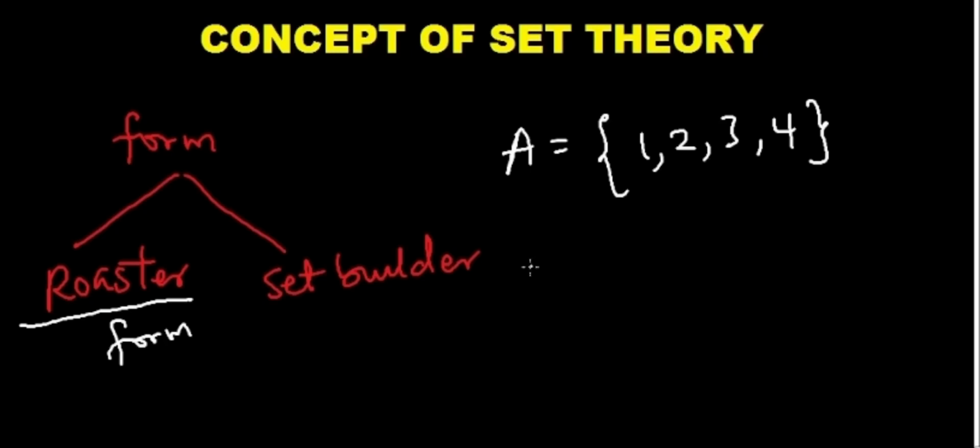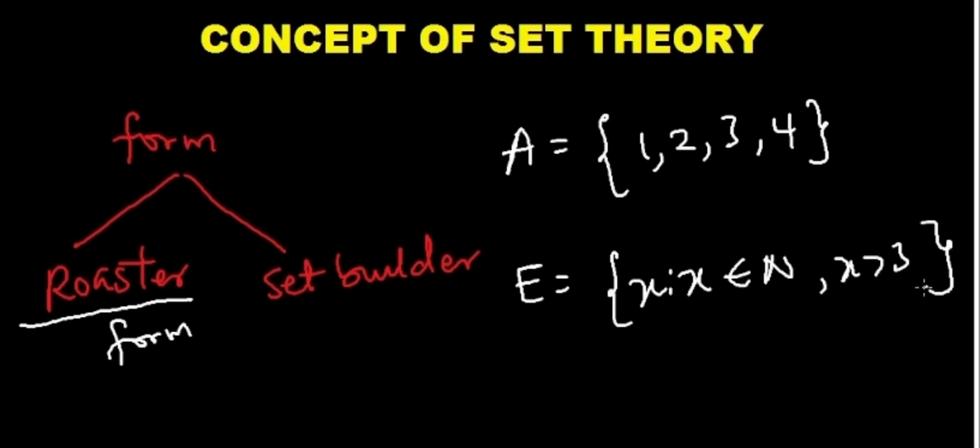For example, if I have a set E, let me use another letter so it won't look like I'm using only A, E = {x : x ∈ N, x > 3}. This means that set E is the set of all elements x, such that x is a member of the set of natural numbers, and we know that x is greater than 3.